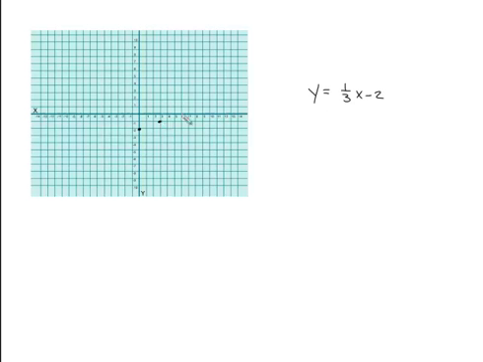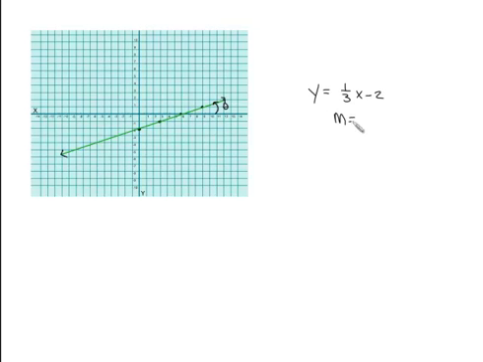Up 1 over 3. I'm just going to draw this a few times, then it's easier for me to sketch my line in, since I can only drag it in one direction. Here's our line. What we want to do is measure the angle of inclination from the positive x-axis, going counterclockwise. So there's our angle theta.